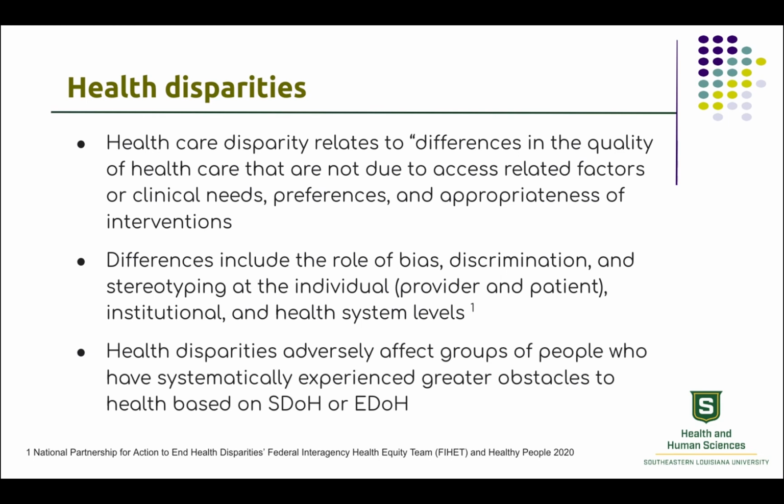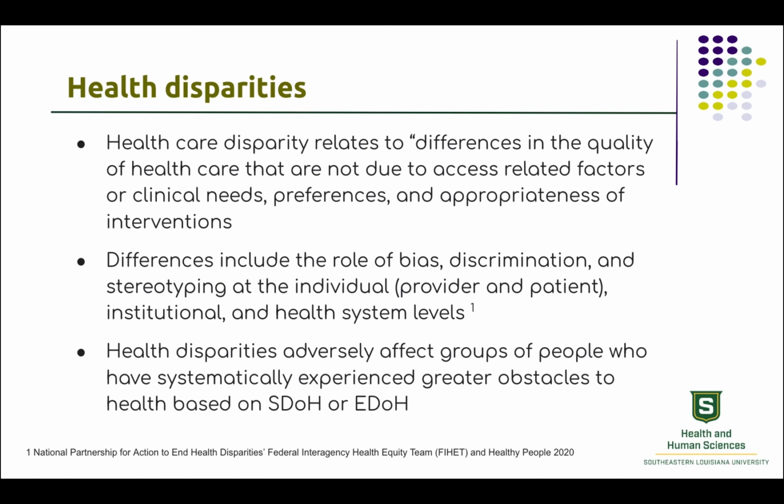Health disparities can adversely affect groups of people who have systematically experienced greater obstacles to health based on social determinants of health or ecological determinants of health. Basically, what that's saying is that the social determinants of health and the ecological determinants of health can contribute to some populations having a greater obstacle to their health.